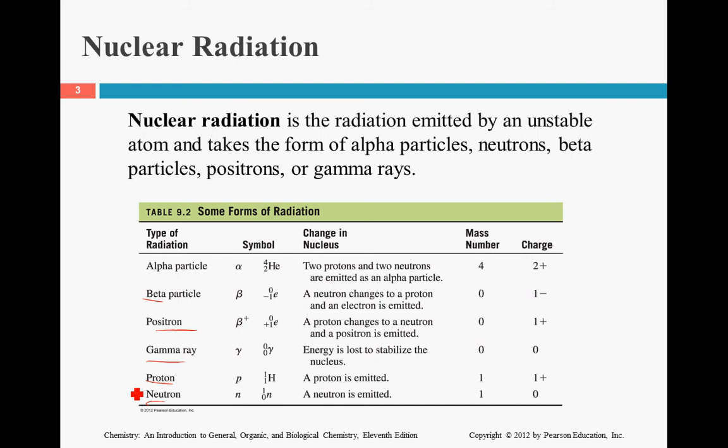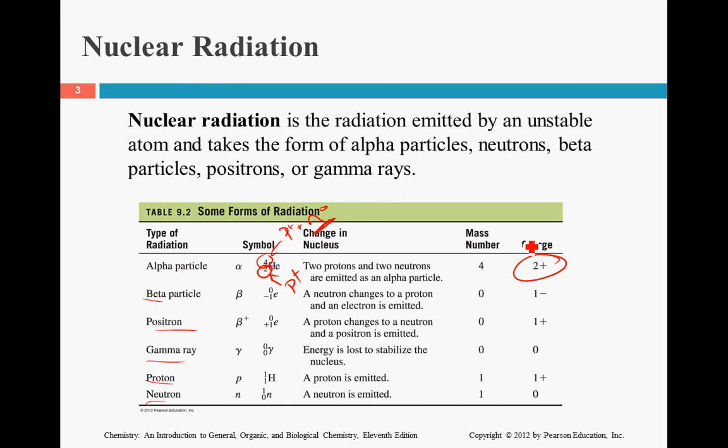The alpha particle is the biggest, with a mass number of 4, which means the protons and the neutrons added together is 4. And this down here are the protons. So the protons are 2, which means the neutrons must be 2. And it has a charge of +2.